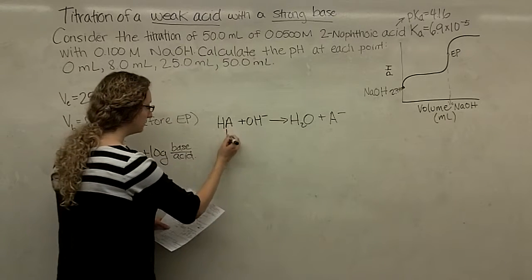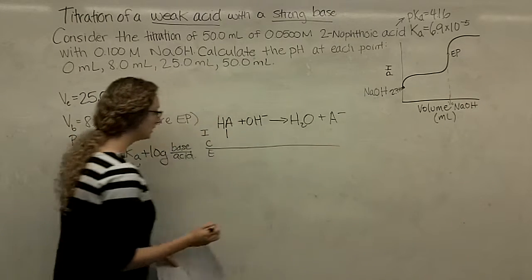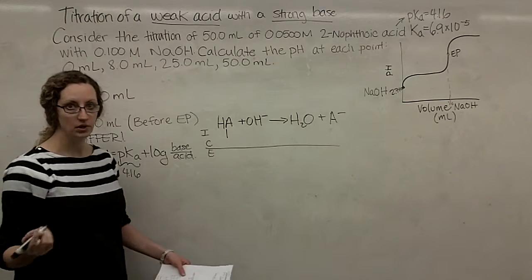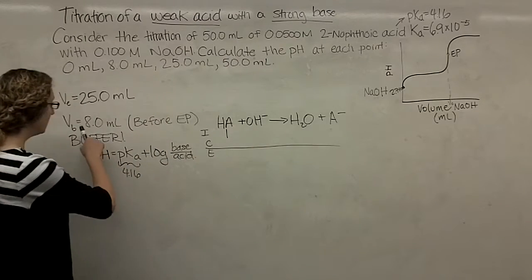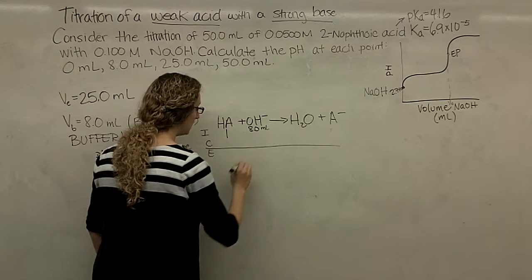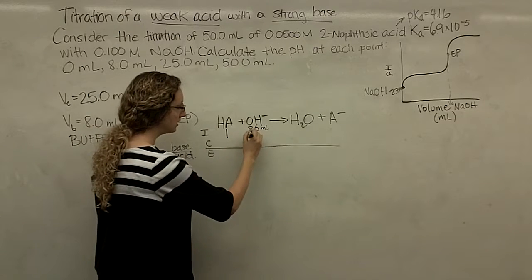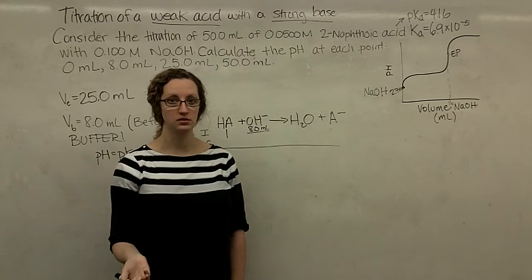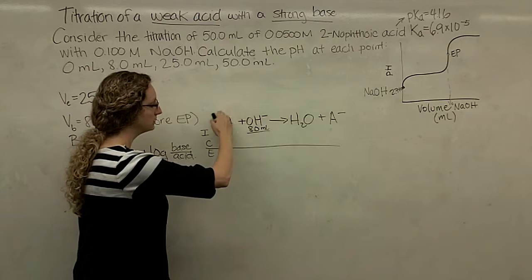So if we set up our ice table, the initial amount is going to be 100%, or in this case, 1. And then in this case we added 8 milliliters. For this to react completely, we need a 1-to-1 ratio, and we would need the volume at the equivalence point, where we have a 1-to-1 ratio of acid to base.